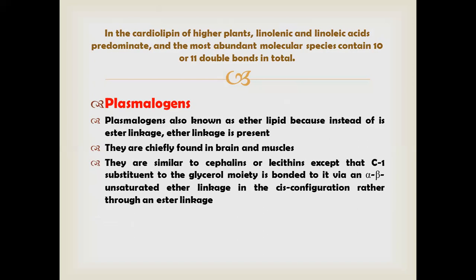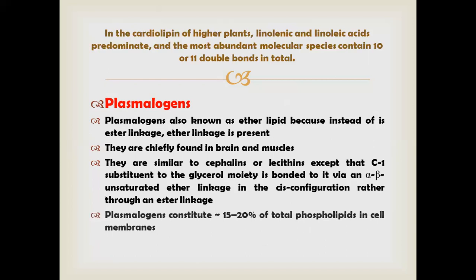Plasmalogens are somewhat similar to cephalin or lecithins, but the difference is that carbon number 1 in plasmalogen, subsequent to the glycerol moiety, is bonded to it via an alpha beta unsaturated ether linkage in the cis configuration rather than an ester linkage.